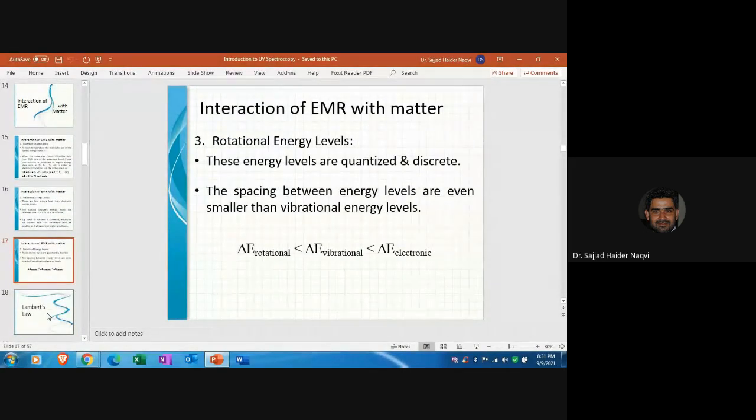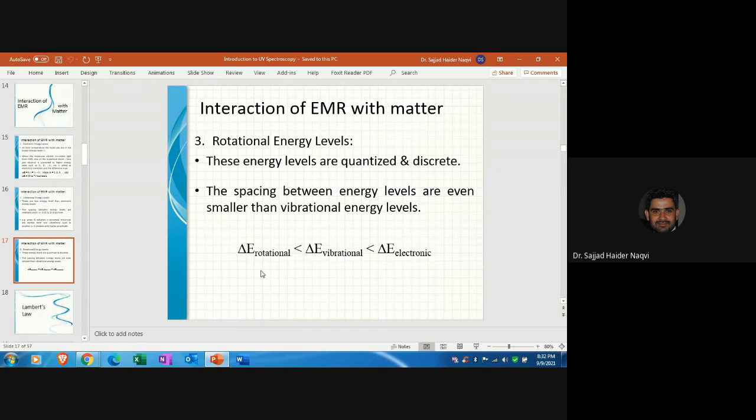There is another change of the energy besides electronic transition and vibrational transition, and that's called rotational energy levels. These energy levels are more quantized and discrete, and the spacing between energy levels is even smaller than vibrational energy levels. So if I compare all of these three, the highest level of the energy change is in the electronic transition, then comes the vibrational, and the least is the rotational changes.